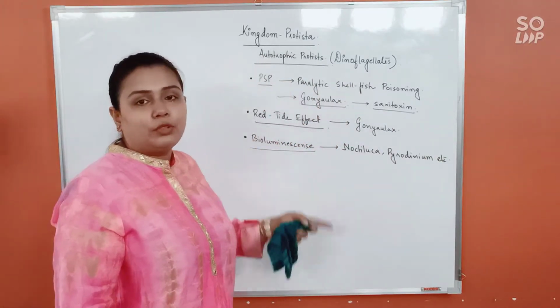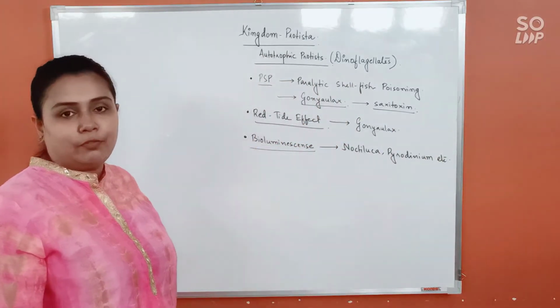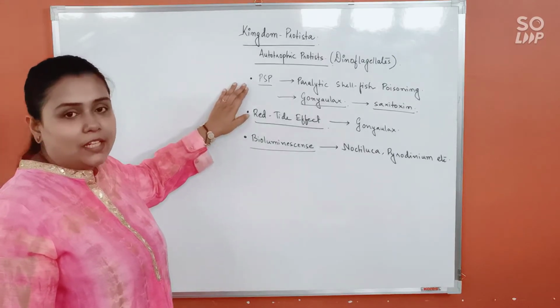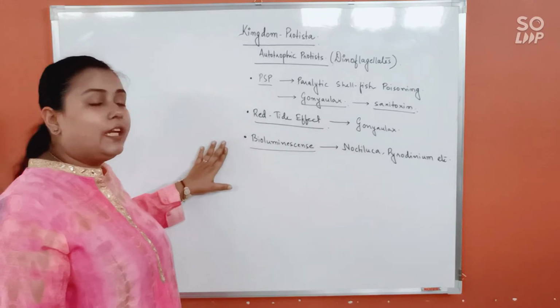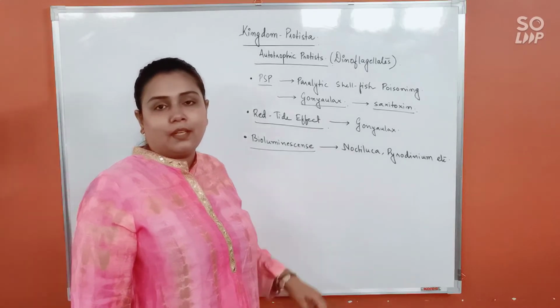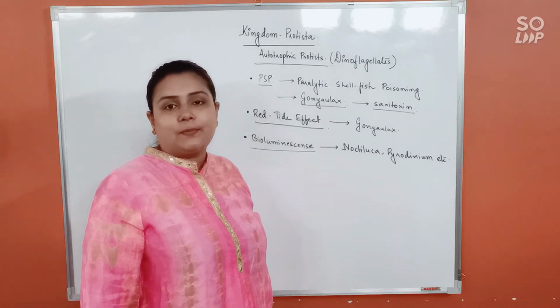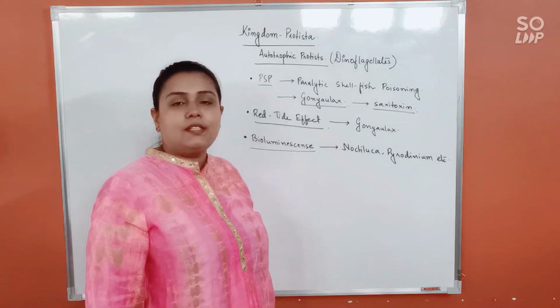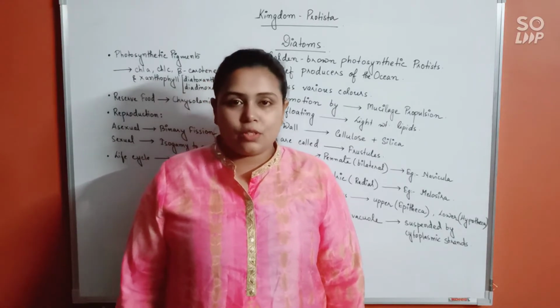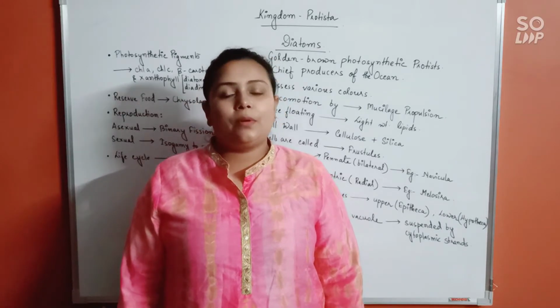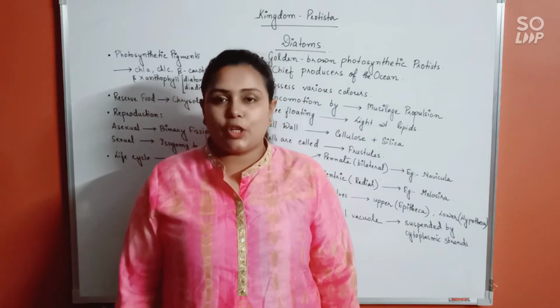So these are important points related to dinoflagellates. One is paralytic shellfish poisoning, another is red tide effect, and finally bioluminescence. So with dinoflagellates being done, next we'll discuss diatoms. Diatoms are also photosynthetic protists and they are also golden brown in color, just like the dinoflagellates.